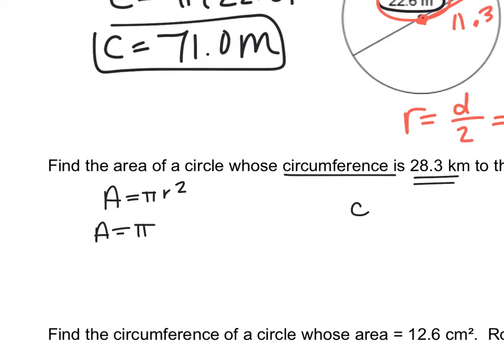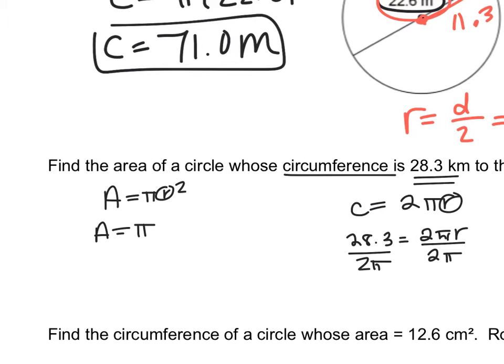So circumference equals 2 pi r. You could do pi d, but I'm just giving you a heads up. Since you want your radius, I would use the equation that has your radius. I know that 28.3 equals 2 pi r. Divide both sides by 2 pi, because 2 pi is a number. And I get my radius is close to 4.5.